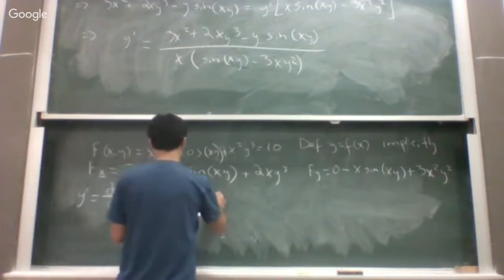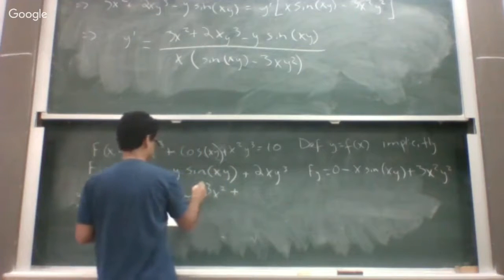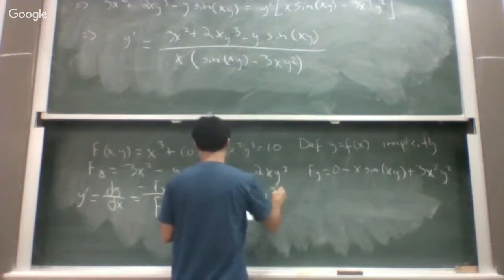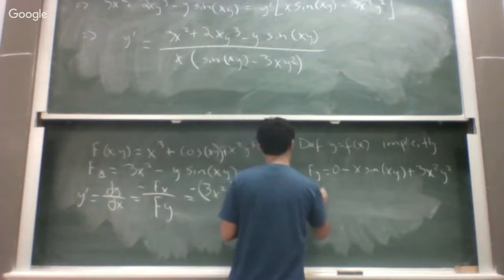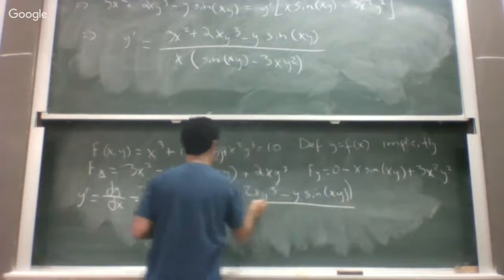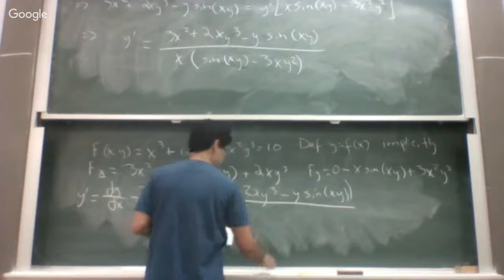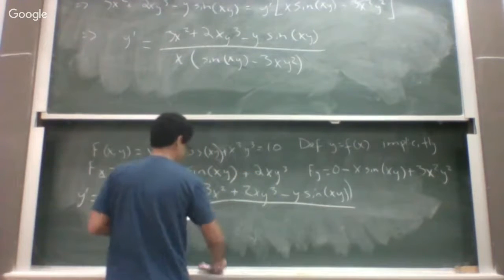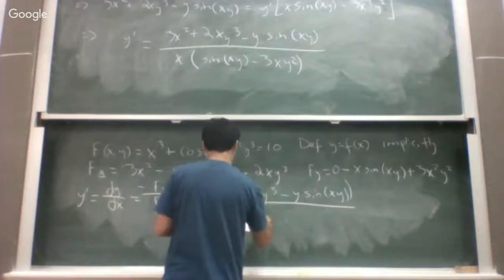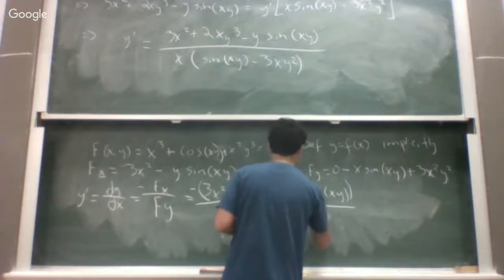So that is a minus times 3x squared plus 2xy cubed minus y sine of xy, divided by x times (3xy squared minus sine of xy).